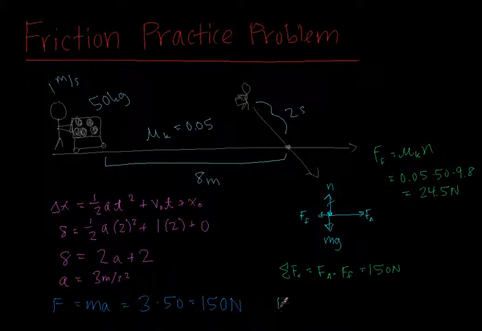So, if 150 newtons equals F of applied minus F of F, then we get 150 equals F of applied minus 24.5 newtons. And therefore, we get our final answer of F applied equals 174.5 newtons.